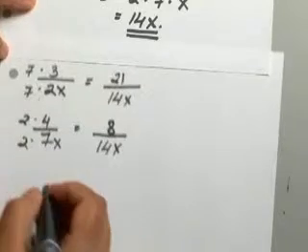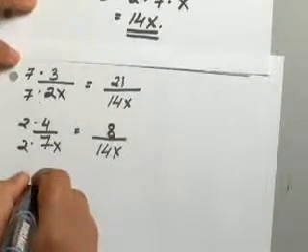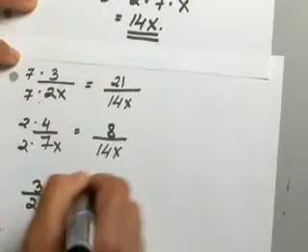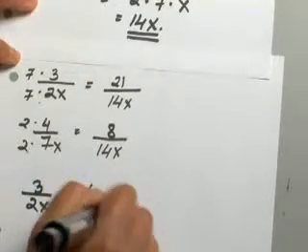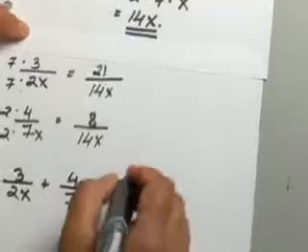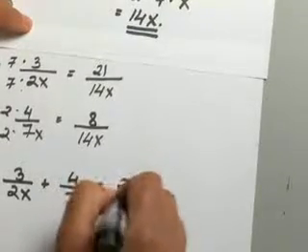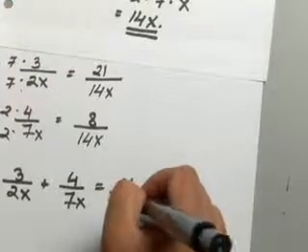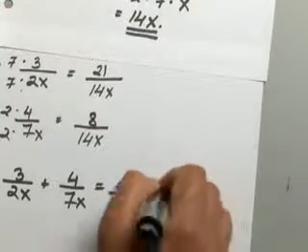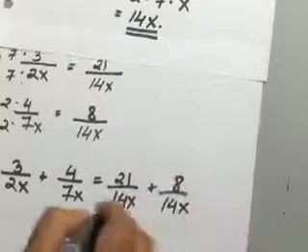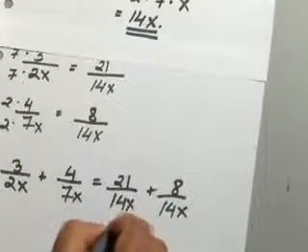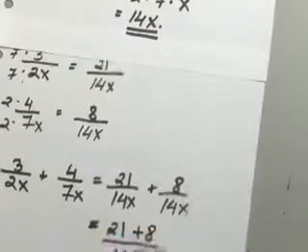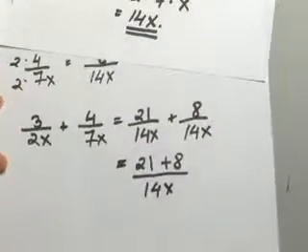So for our next step, this was our original problem. We made these into equivalent expressions, so that gave us 21 over 14x and 8 over 14x. Putting all of these together will give us 21 plus 8 over your common denominator, which is 14x.